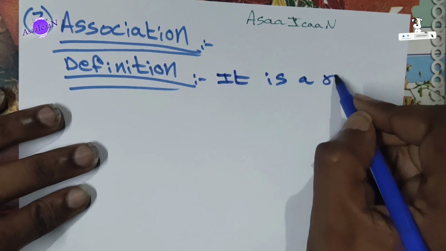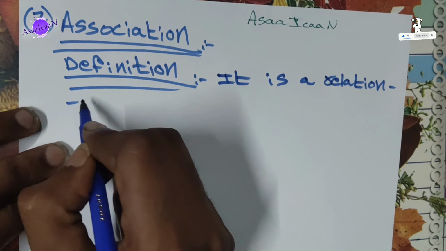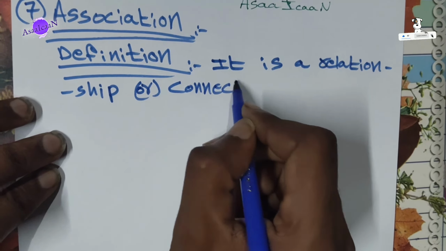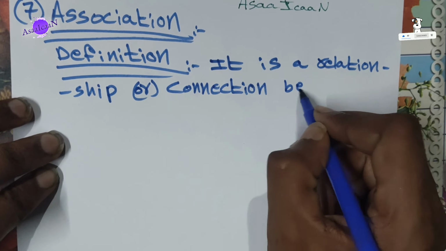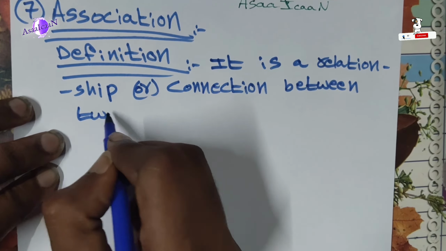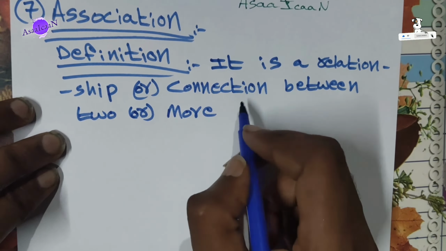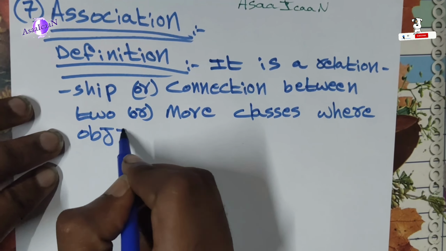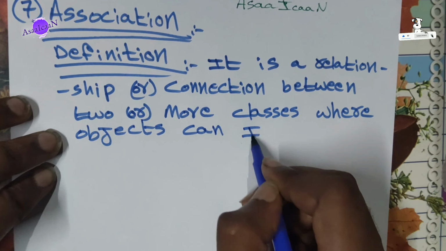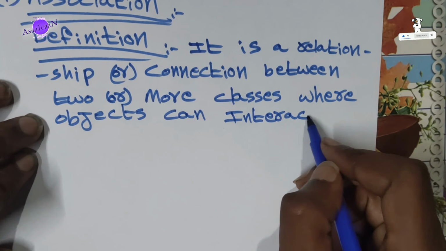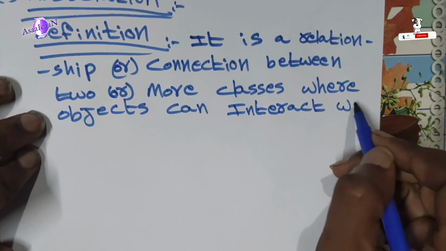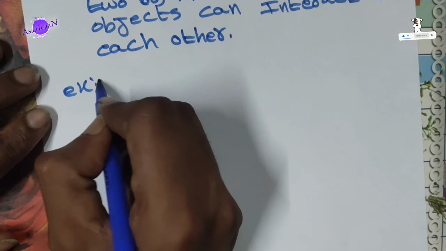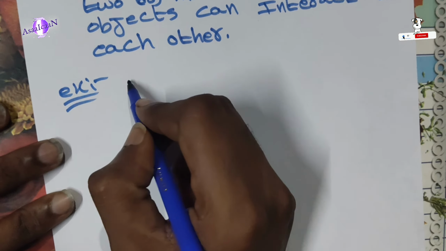It is a relationship or connection between two or more classes where objects can interact with each other.